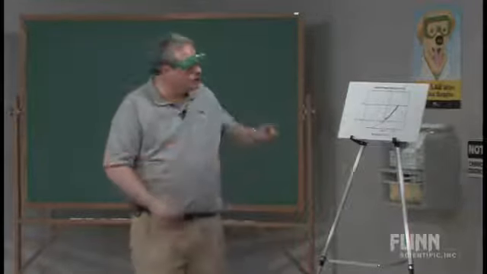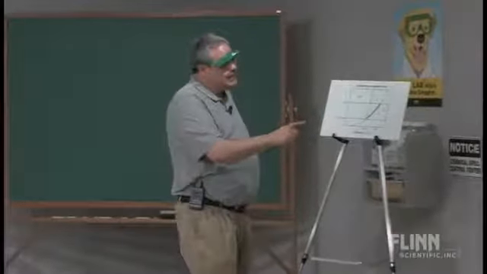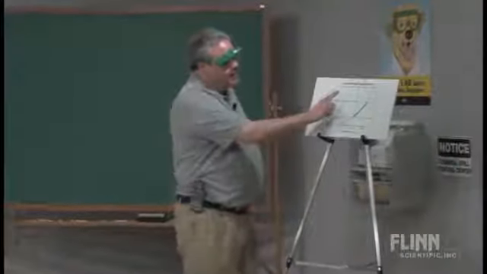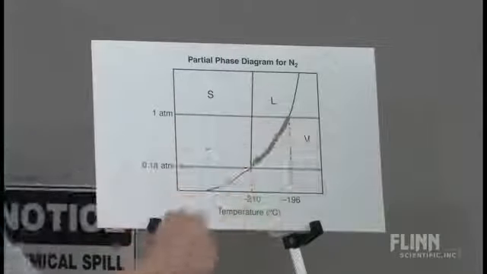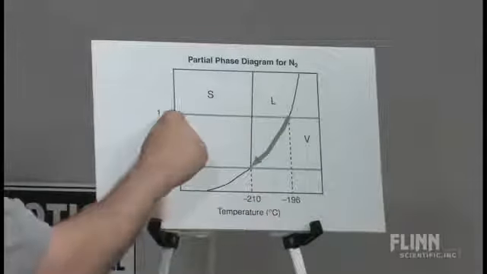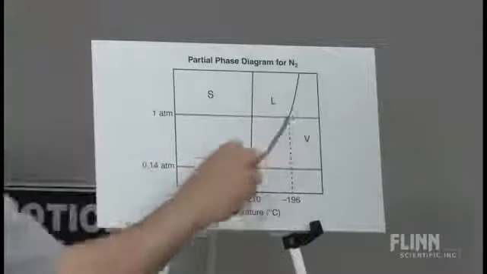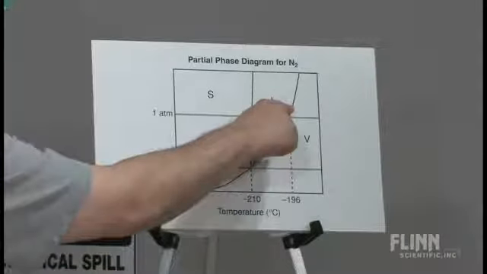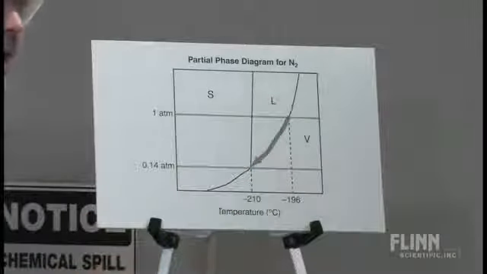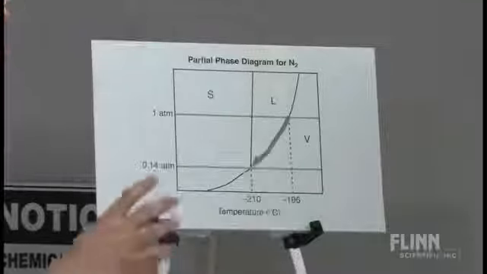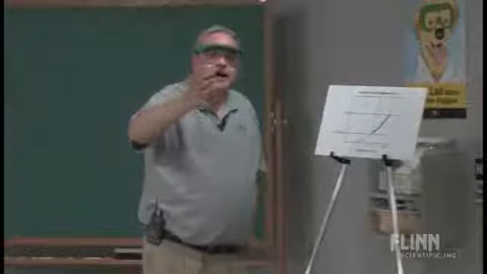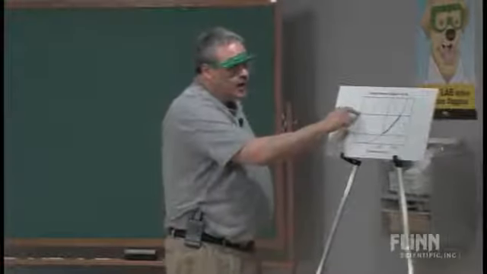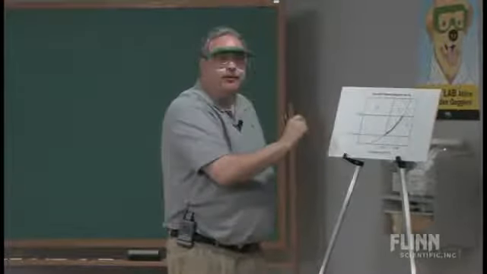Well, if we look at this graph, we can see in a phase diagram the solid state, the liquid state, and the vapor state. And at 1 atmosphere, this is the normal boiling point for nitrogen. So we're right here at negative 196 degrees Celsius. But what we were doing with the vacuum pump, we were drawing out some of the air, and that was reducing the pressure.